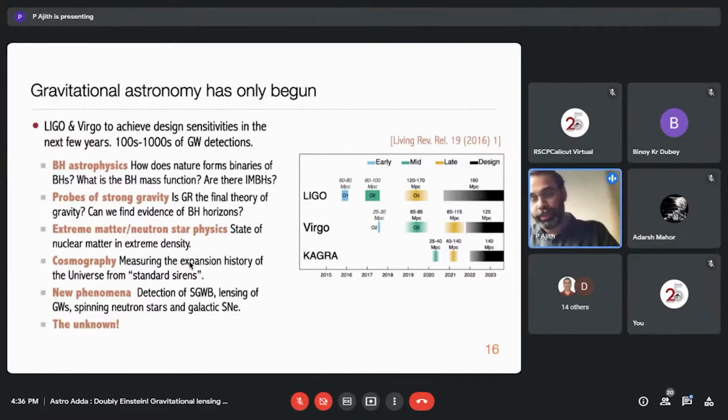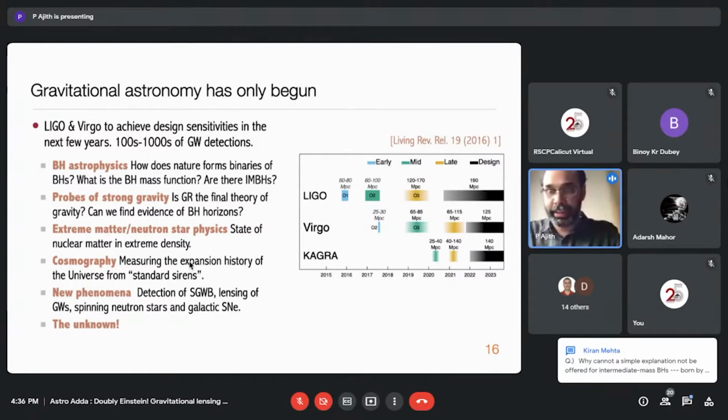Apart from these currently observed signals from compact binaries, we are also expecting possible detection of new types of gravitational signals by, for example, a stochastic gravitational wave signal produced by a large number of such astrophysical signals. Potentially a supernova from our own galaxy would produce a detectable signal.